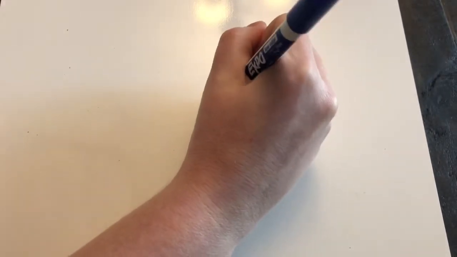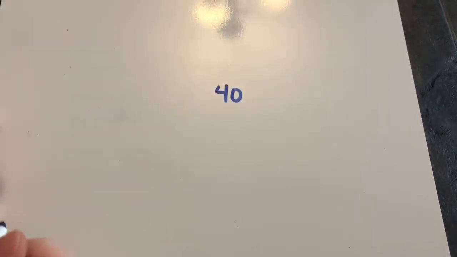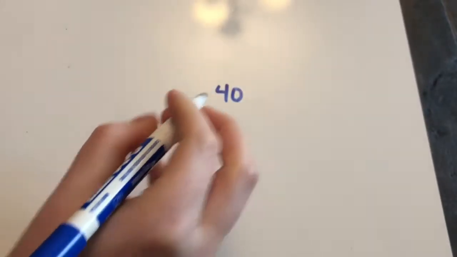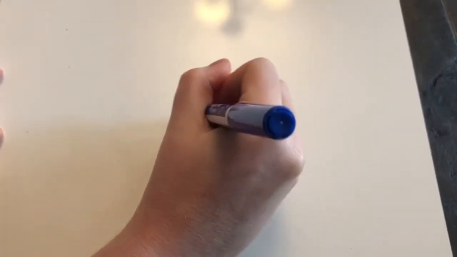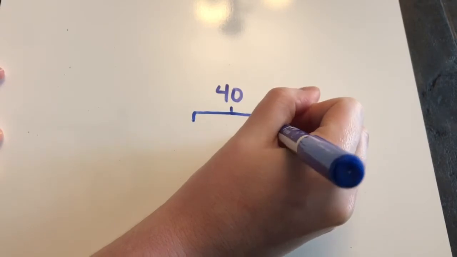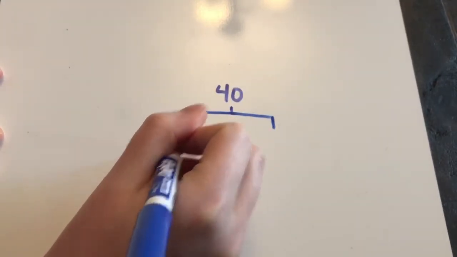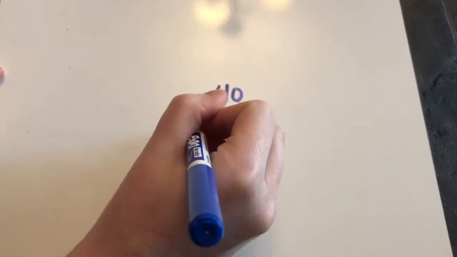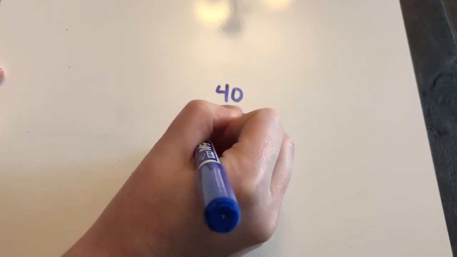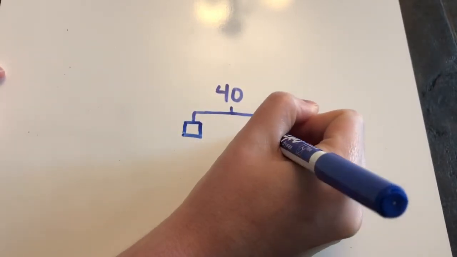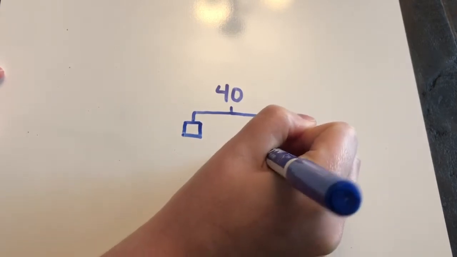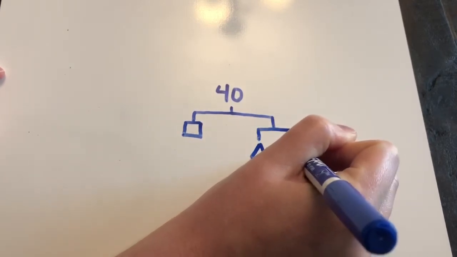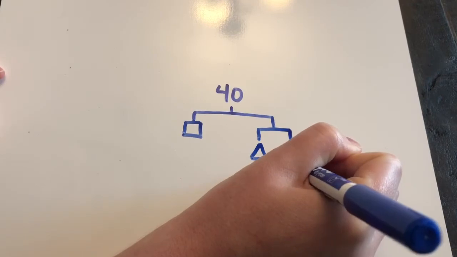So what you guys are working on, what my students are working on this week, is using shapes to represent numbers. So again, if I start with, I think it was 40 up at the top here. Now, instead of using numbers, I'm going to say this is now a square. Okay.